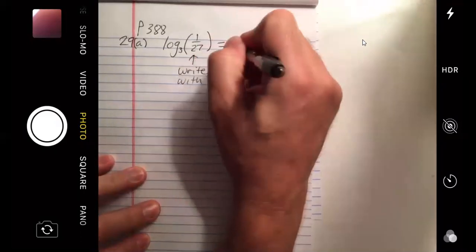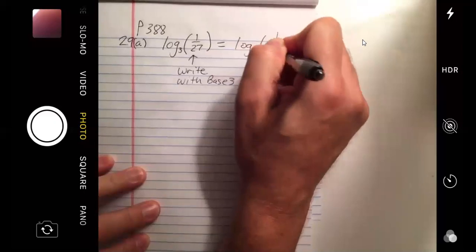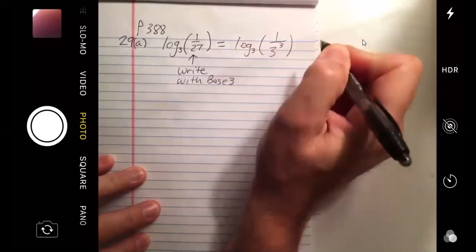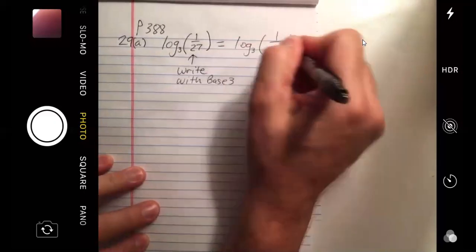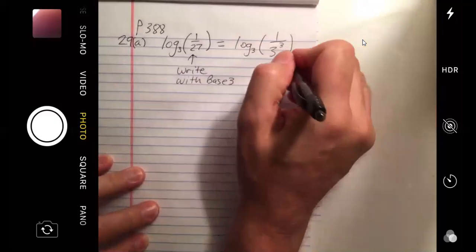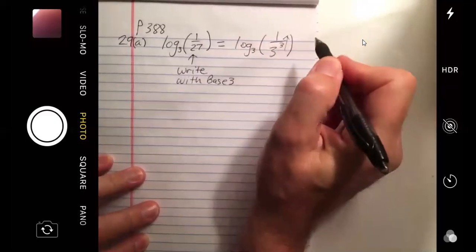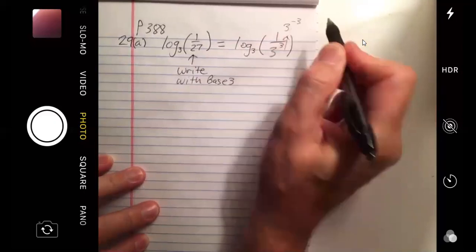Well, hopefully you know that 27 is 3 to the third. I still need it directly all on one line, and this is on the bottom of a fraction. When I switch levels, powers change sign. So if I go up with it, it becomes 3 to the negative 3.